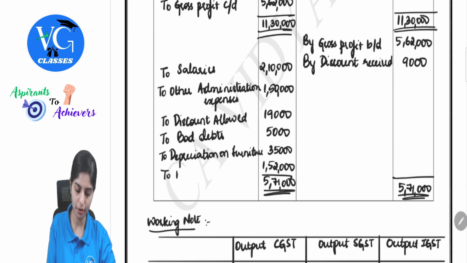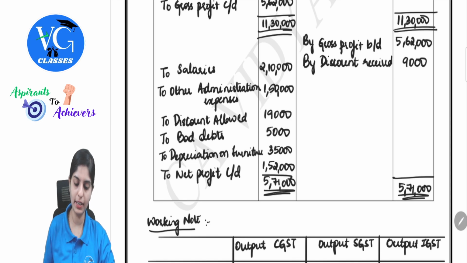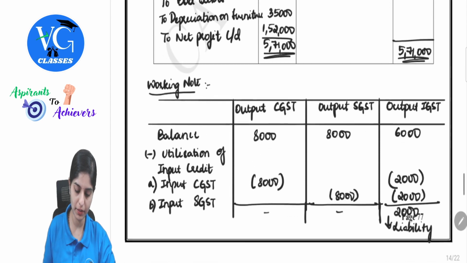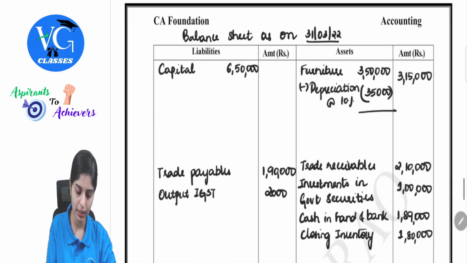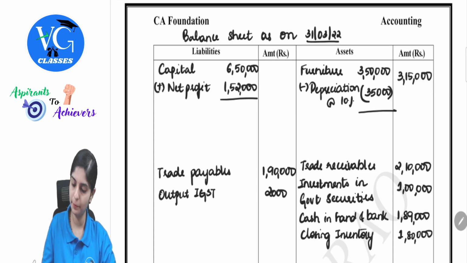Your net profit. Net profit carried down. Where will this be taken? This will be transferred to your capital account. Since it is a profit, we will add net profit 1 lakh 52,000 plus 6 lakh 50, which will be 8 lakh 2,000.